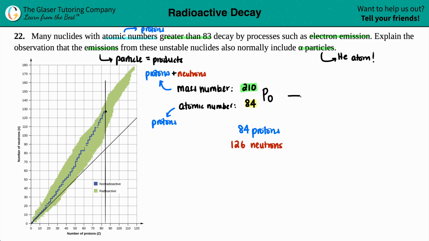So I'm going to be breaking it off into an alpha particle, which is essentially a helium. If we look on the periodic table, helium always has an atomic number of 2. So 2 on the bottom, and we have a 4 on top. There you go. That's the alpha particle.